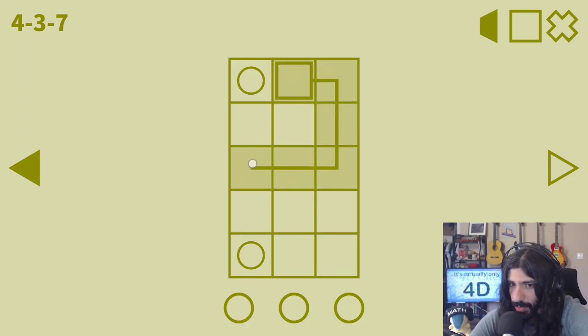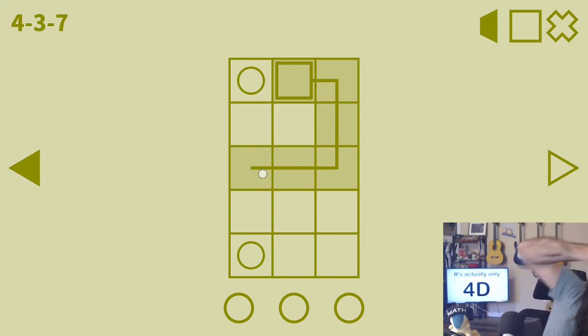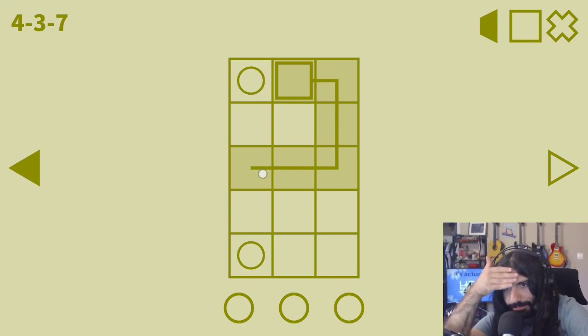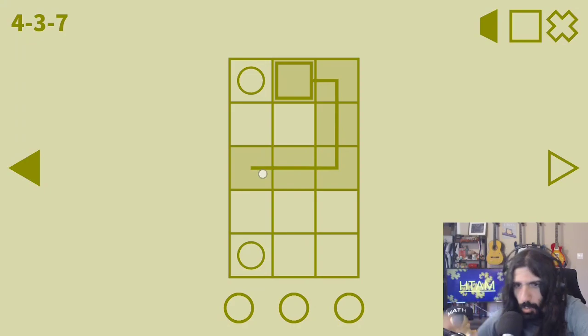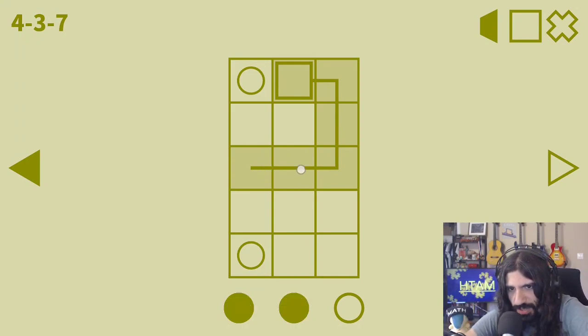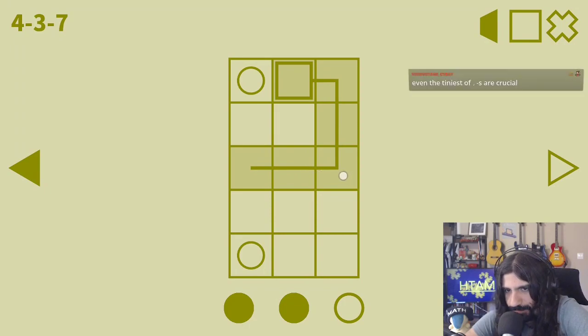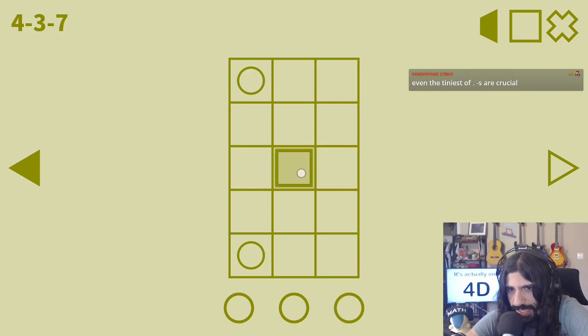Okay, so I guess maybe we could make this L like this. But then what? Well, okay, maybe we have to start in the middle somehow. Like here or like here.